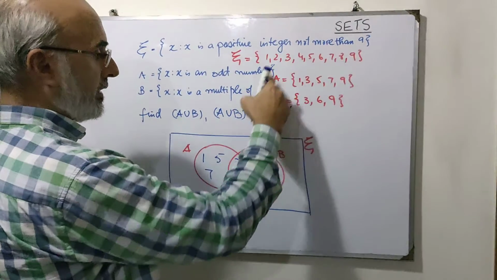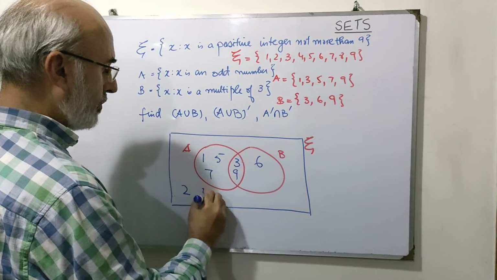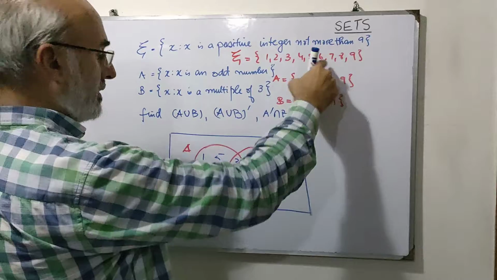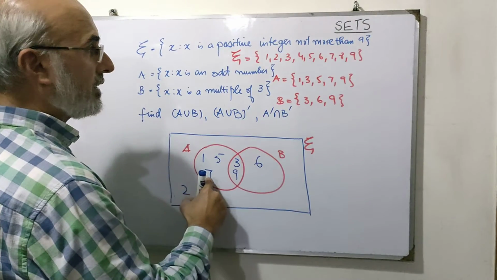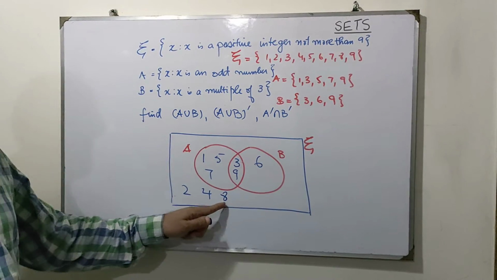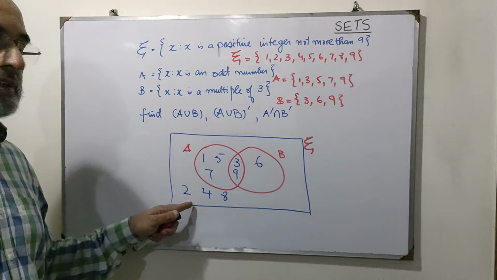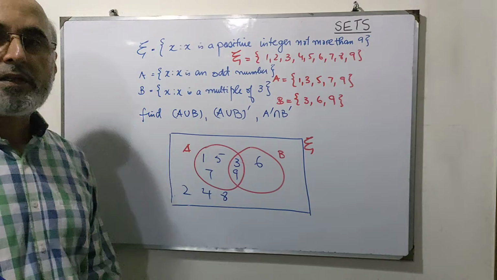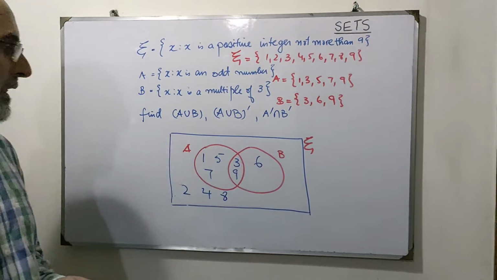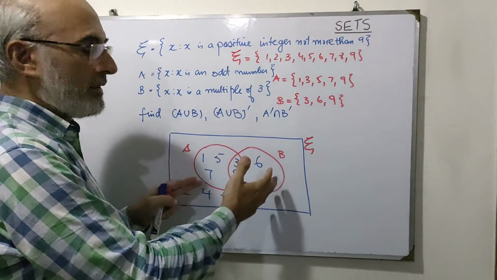Then 3 is there. 4 is not there. 5 is there. 6 is there. 7 is there, 8 is not there, so here. These elements of the universal set are not in the two sets A and B, which are subsets of the universal set. Okay, we have placed our elements in this Venn diagram.